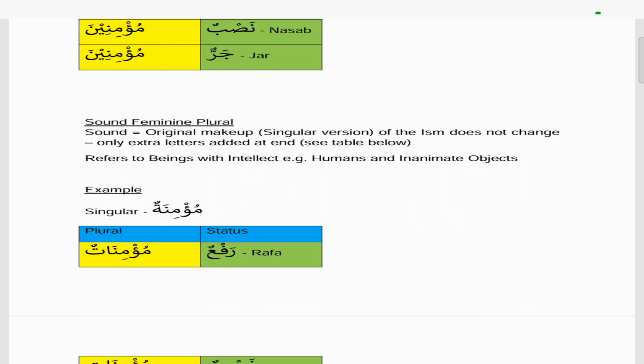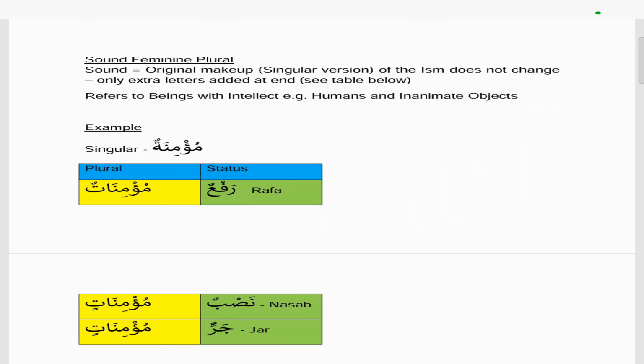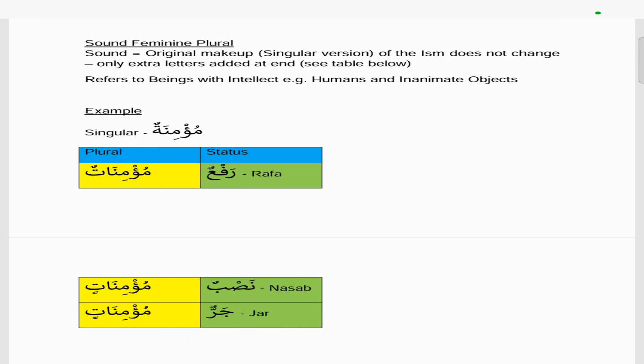Moving on to the sound feminine plural, which I mentioned before, the original base will stay the same, only extra letters are added to the end, and that's why it's called the sound plural. But the sound feminine plural refers to beings with intellect, such as humans, and inanimate objects, such as the sky.